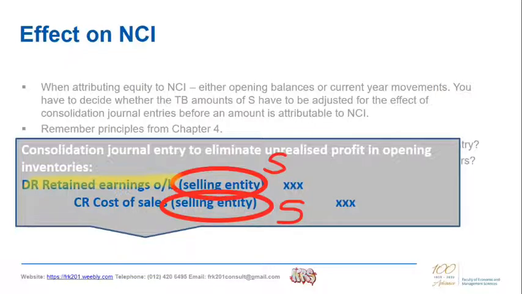It now becomes very important to know who the selling entity is, who the entity is that made the profit. Only when the subsidiary is the selling entity would the TB numbers of the subsidiary be changed with the effect of your consolidation journal entries before you calculate profit or equity attributable to NCI.